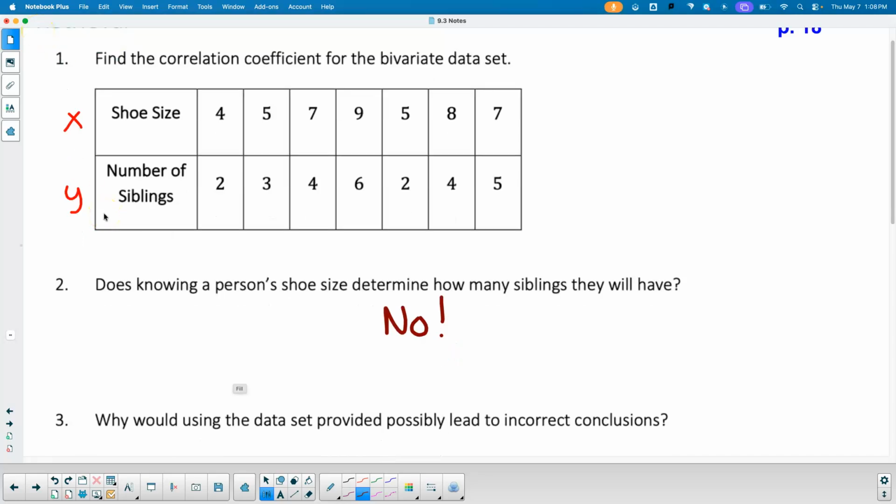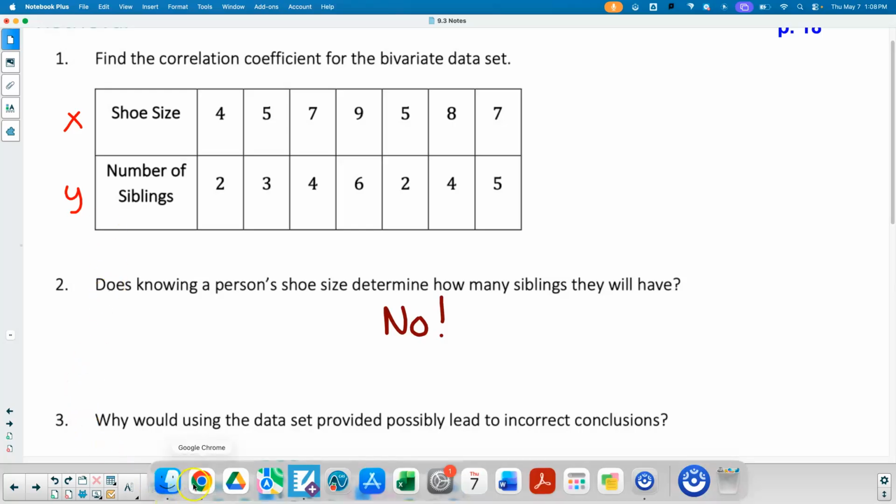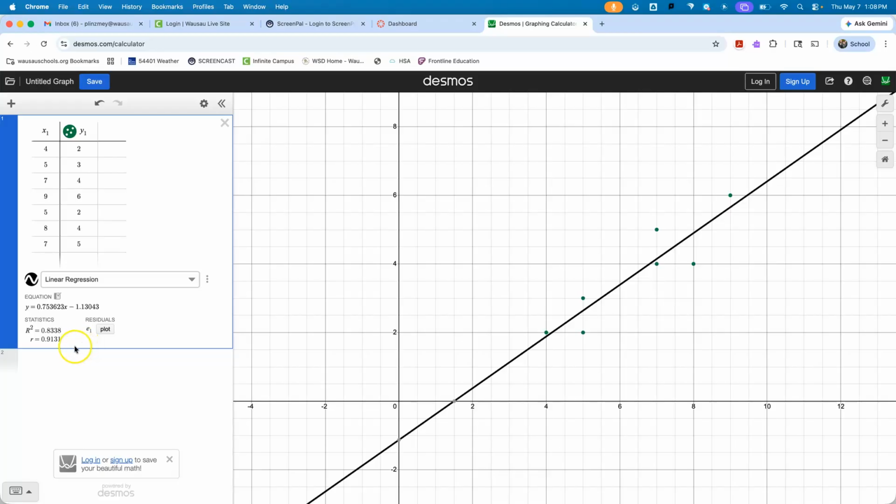What do we get for a correlation coefficient? 0.9131. So, strong? Yes. But really, what's it strong about?